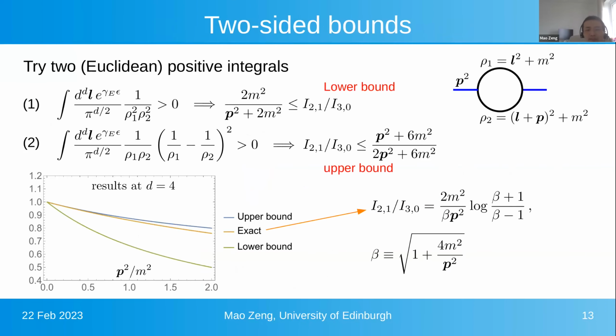But another speculative idea I have is that when I write down some ad hoc constraints, so for example, here, my upper bound matches my exact result much better than the lower bound. When I investigate why this actually happens, I find out that the upper bound not only matches the exact results at this point, p squared equals 0, but it also matches the first derivative exactly.